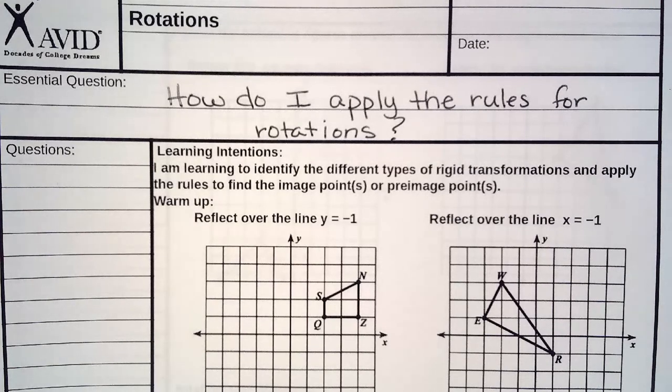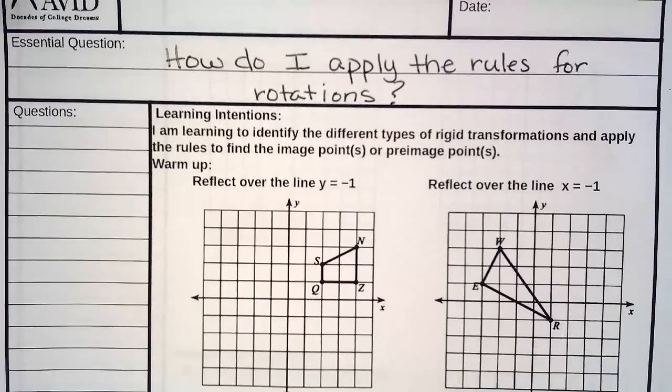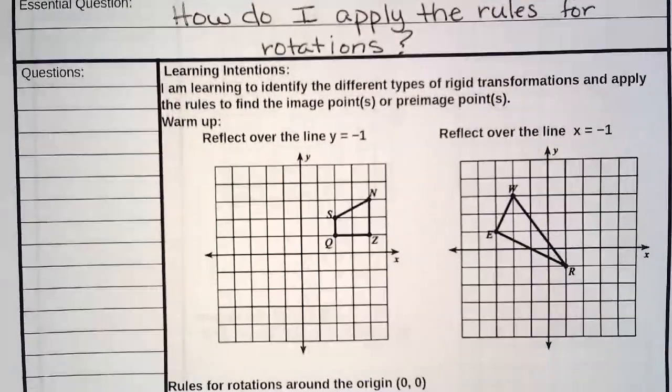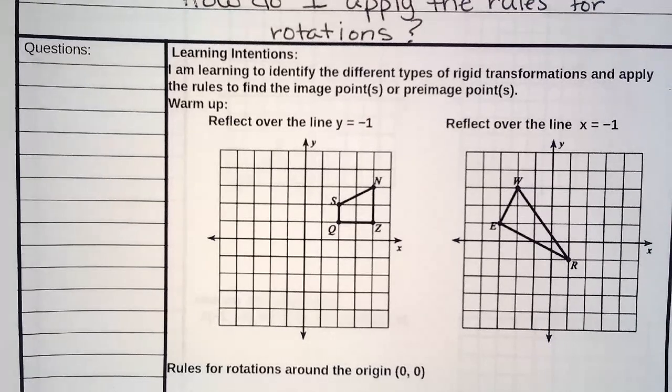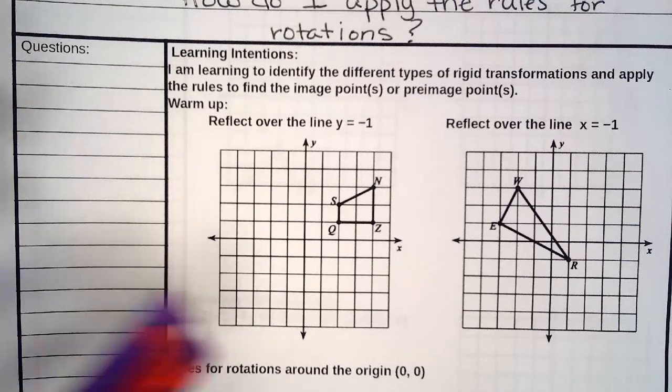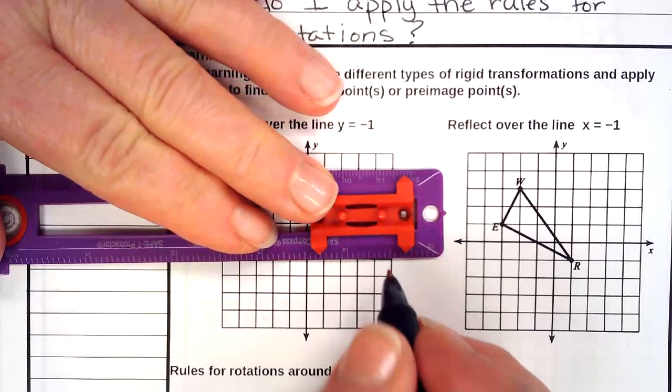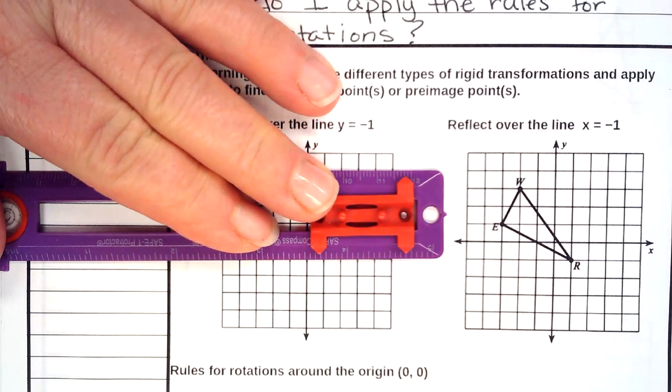If we're looking at y is equal to -1, is that going to be a horizontal or a vertical line? It's going to be horizontal. So the first thing I will do is to actually mark that line.